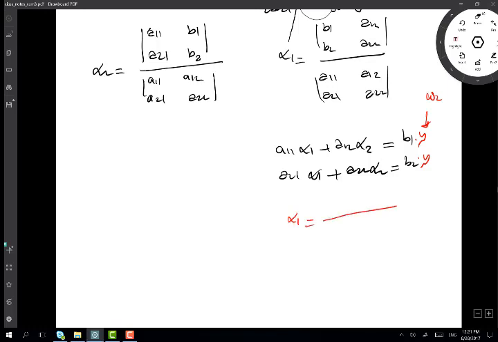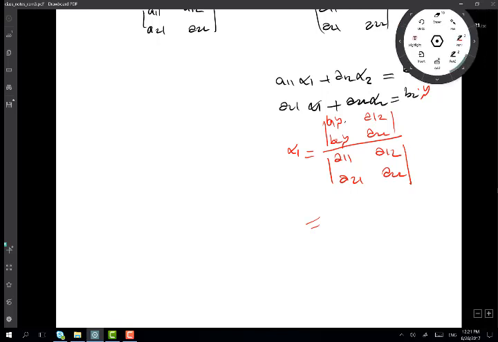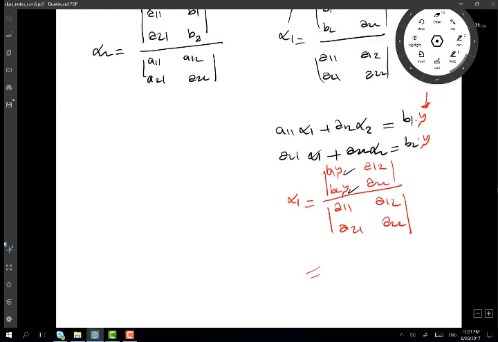So when I use the method, x1 is equal to, again I keep a11, a12, a21, a22 underneath, and over here replace the x1 column by b1 y and b2 y, and here I have a12, a22. Now I have y appearing in this column, because it was on this side.